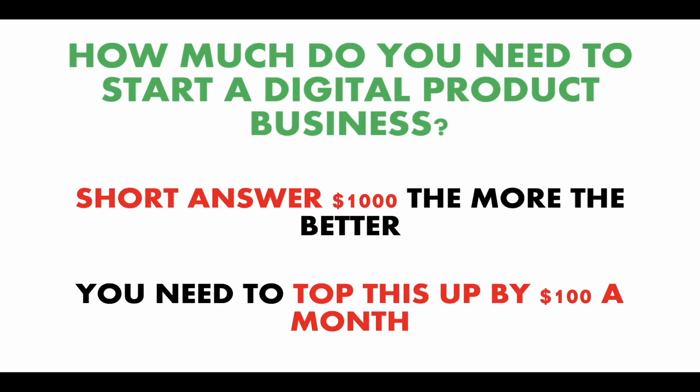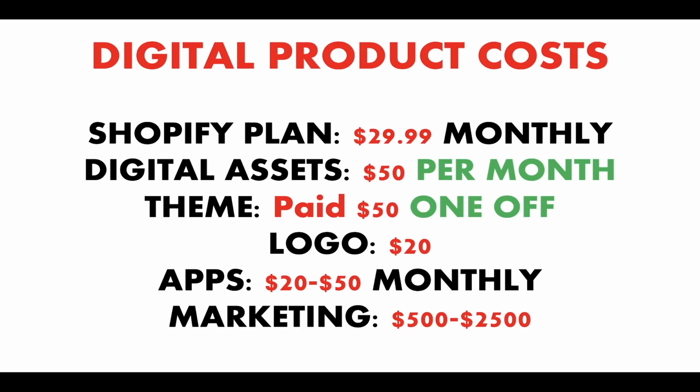Now, how much do you need to start a digital product business? The short answer is $1,000, but the more, obviously, the better. You need to be topping this up by $100 every single month. These are the digital product costs included. Shopify plan, which is going to cost you $29.99 a month. Digital assets, meaning how much it costs you to acquire a digital asset in terms of creating them yourself, is going to be roughly around $50 per month.